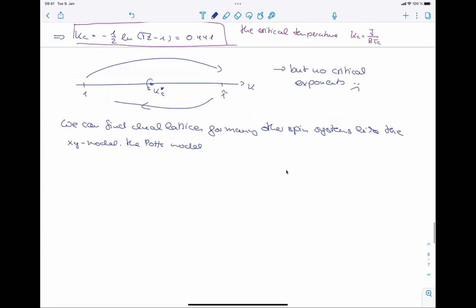So this requires a little more graphical thinking. The dual of the 3D Ising model on a simple cubic lattice.